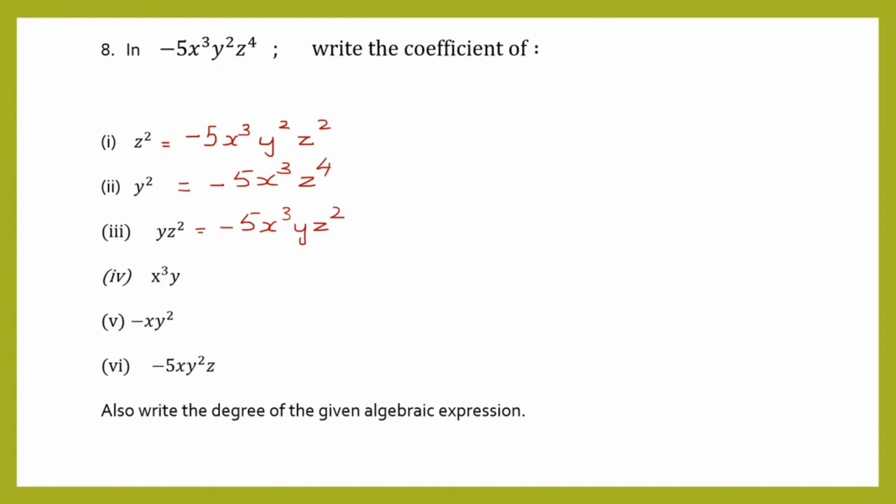Then we go on to the next one. I'm going to take out x to the power of 3 and 1y. So I'm going to remove the whole of x to the power of 3 and 1y and write the remaining. Minus 5. I've removed the whole of x to the power of 3 and I've removed 1y. So I have y left and z to the power of 4.